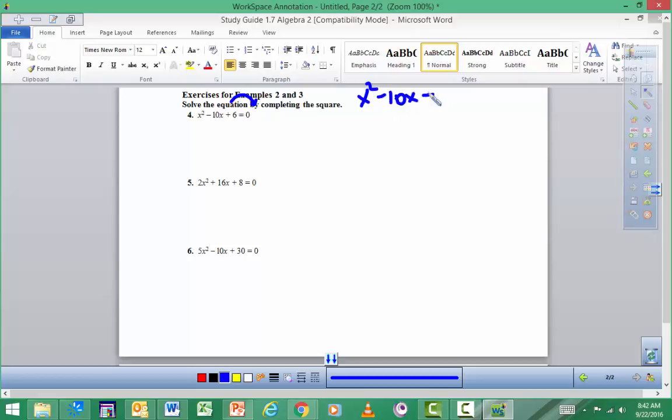And then you're going to have a plus something is equal to, well, once you move this 6, it's going to be negative 6, right? Negative 6. And then you're going to add the same something over here. This is very similar to the previous problem, right? That we just did. If you divide this one by 2, you get 5. And then if you square that, you get 25. So you're going to get x minus 5.